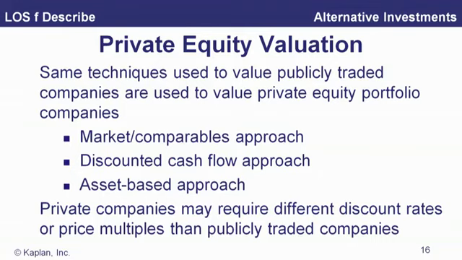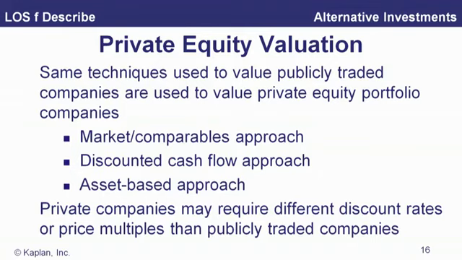Discounted cash flow, just get into the financials and try and project the cash flow and the rate of growth of cash flow out as far as you can. Get some appropriate discount rate to use and take the present value of all those cash flows. Or the asset-based approach, but as we know, that's often more pertinent and more accurate in a liquidation situation.